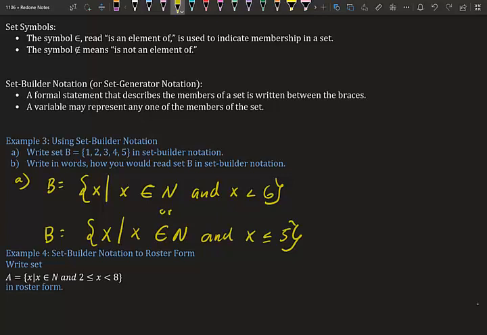So now we want to write in words what we just wrote. It's going to help break it down a little bit. I'm going to rewrite the top one. Alright, so how we rewrite this, I'm going to break it down piece by piece. So we're saying set B equals, and equals always means is.